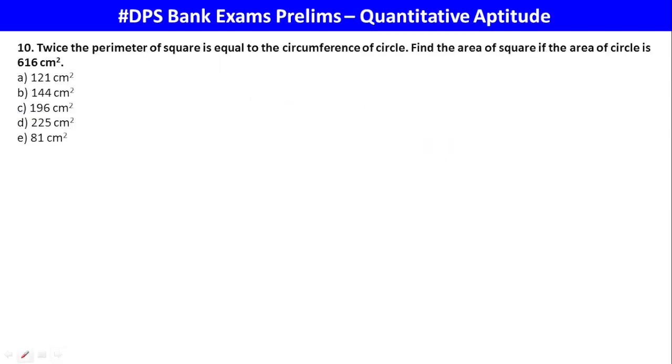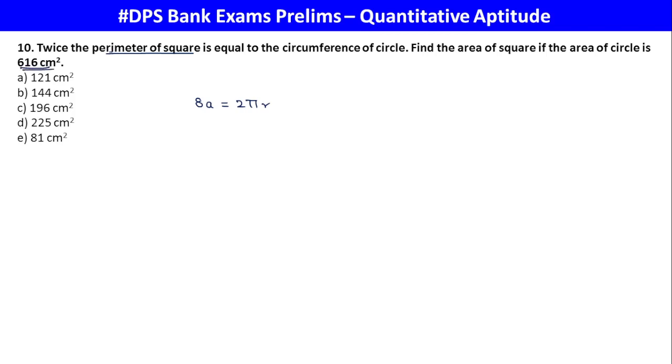Next one. Twice the perimeter of a square, 8a, is equal to the circumference of a circle, 2 pi r. Find the area of the square if area of circle is 616.